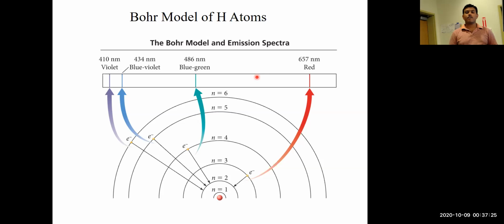His crucial contribution was saying that the electrons outside the atom actually stay in specific regions that he labeled orbits.